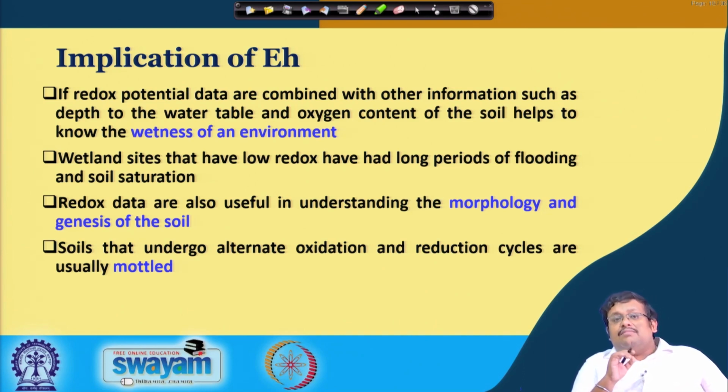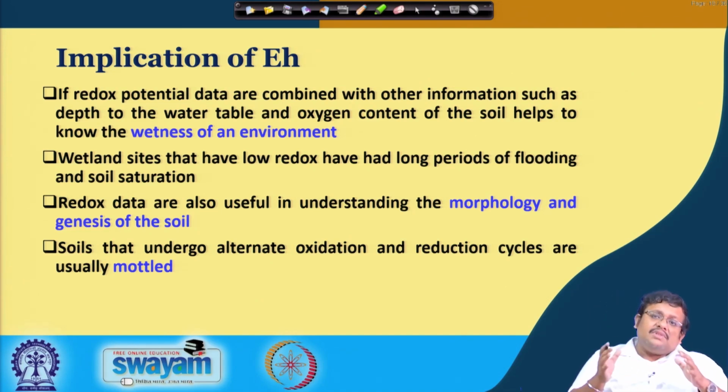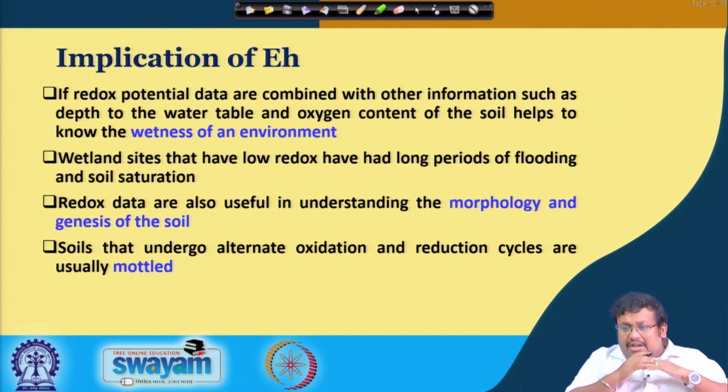These mottled soils are very prevalent with alternating wet and dry cycles, and are found in soils which undergo seasonal oxidation and reduction.